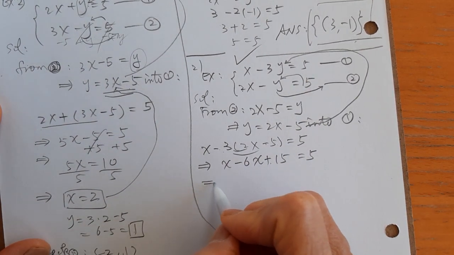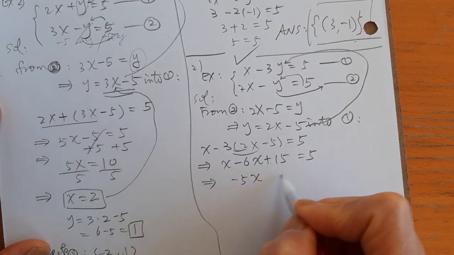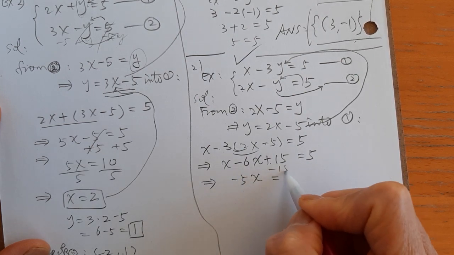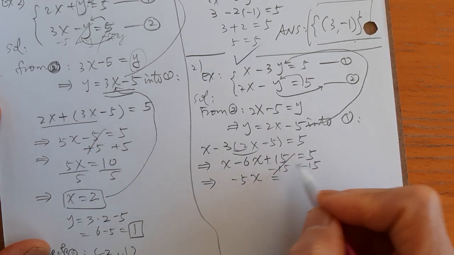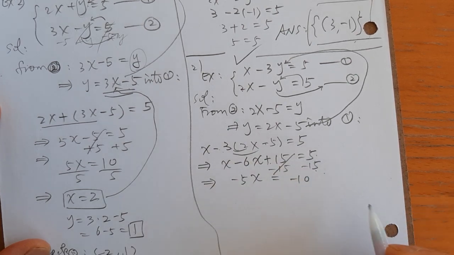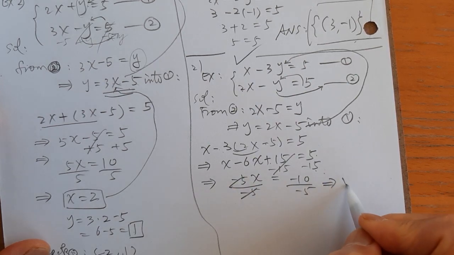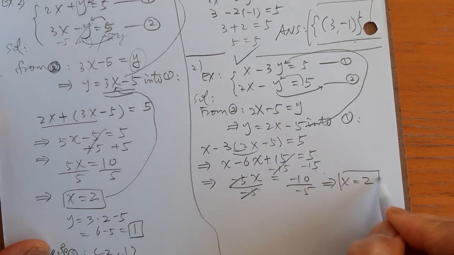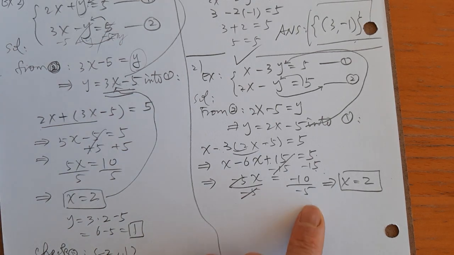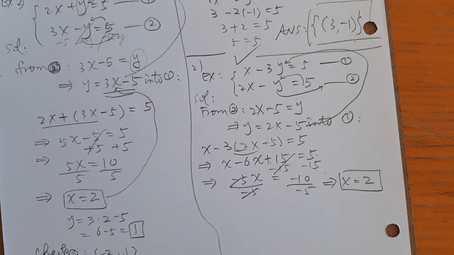Then x minus 6x is negative 5x equals 5 minus 15 on both sides. 5 minus 15 is negative 10. Then you divide by negative 5 on both sides, so you got x equals 2. Negative 10 divided by negative 5, x is 2.